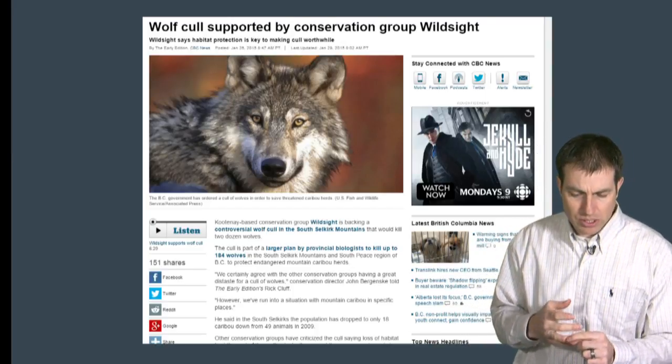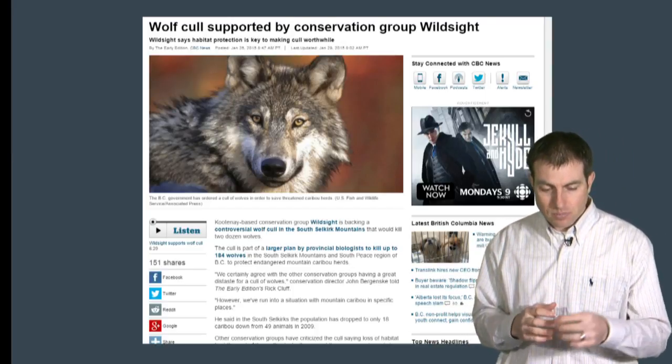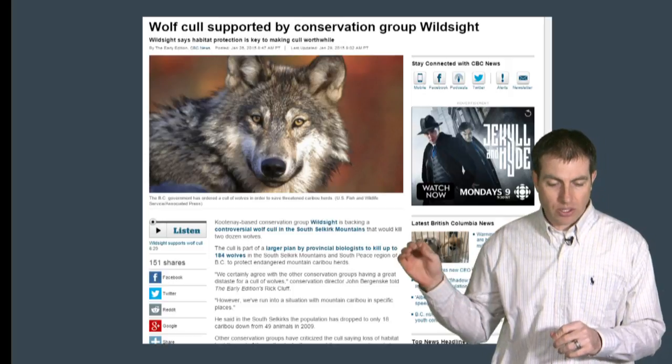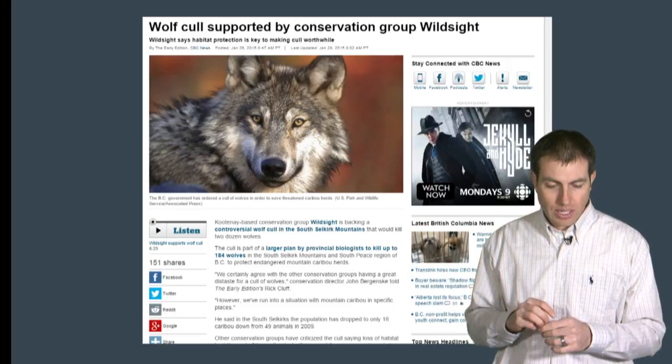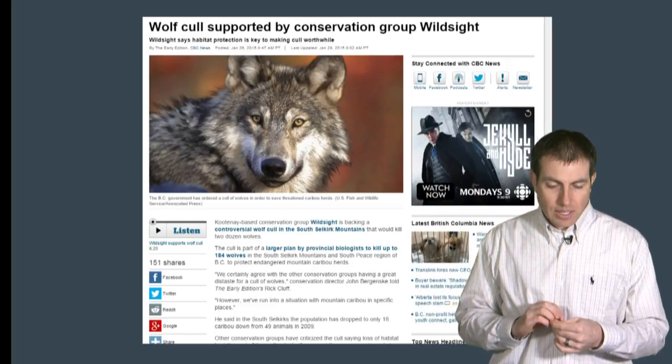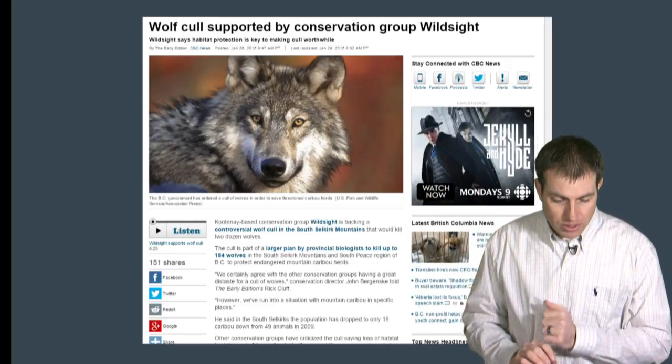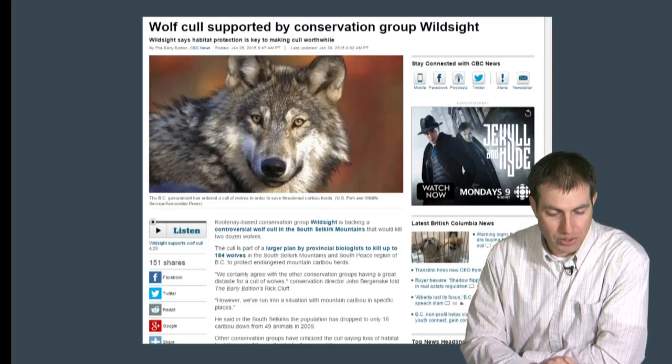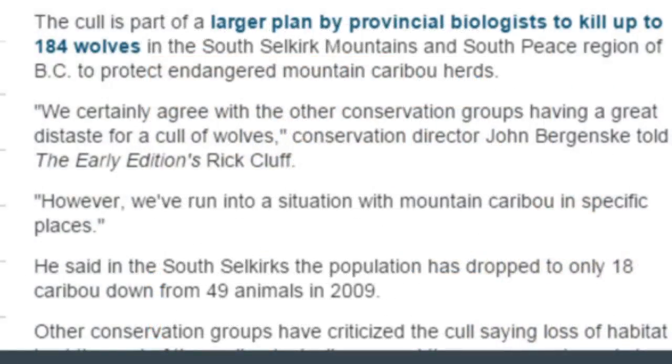And the conservation group is called Wildsight, talking about the South Selkirk region, kind of in the Kootenays, and up into the Peace, which is kind of central BC. The province wants to kill up to 184 wolves to help the populations of caribou increase. So they're saying it's a really good thing to kill all these wolves so these caribou will live.